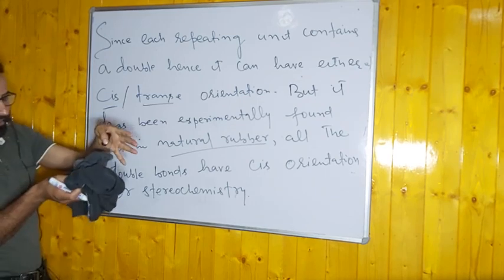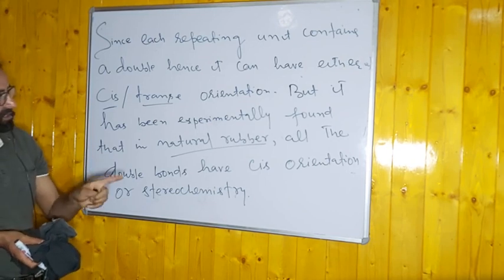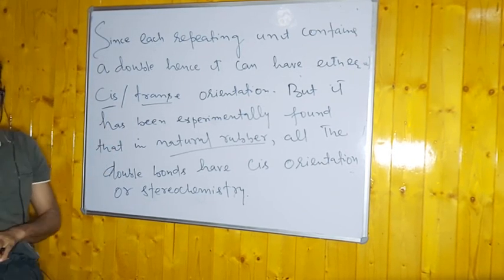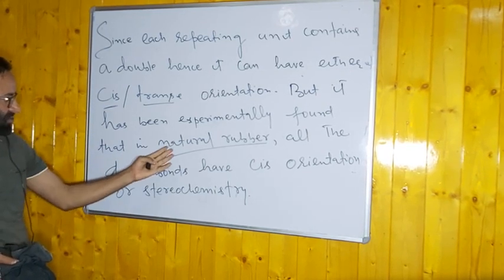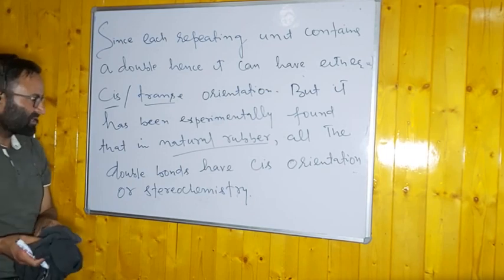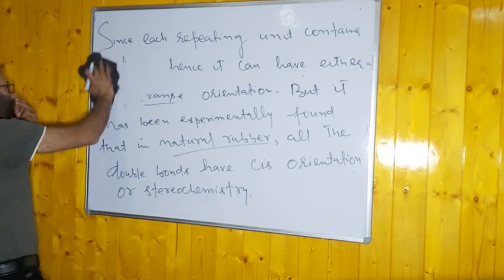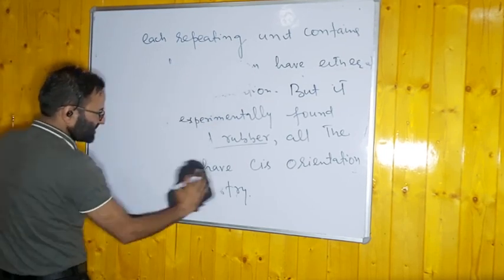As soon as the repeating unit contains a double bond, it means it will have either cis orientation or trans orientation. But it has been experimentally found that in natural rubber, all the double bonds have cis orientation, or you can say cis stereochemistry.